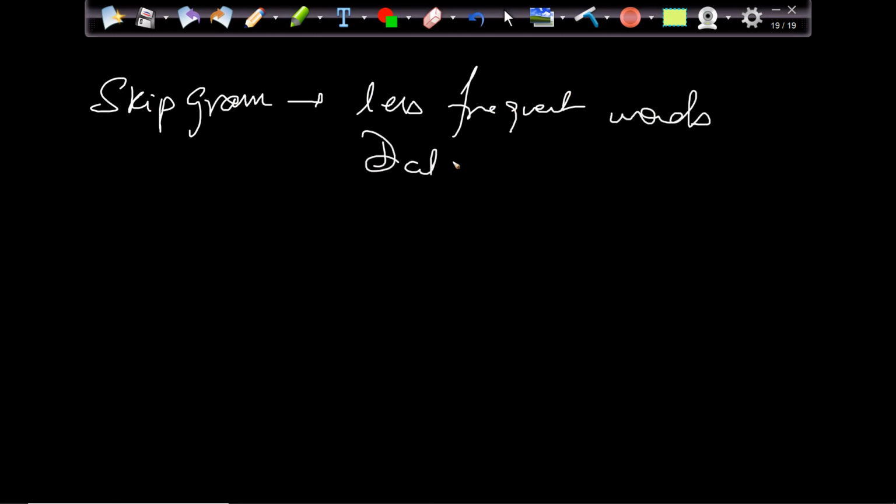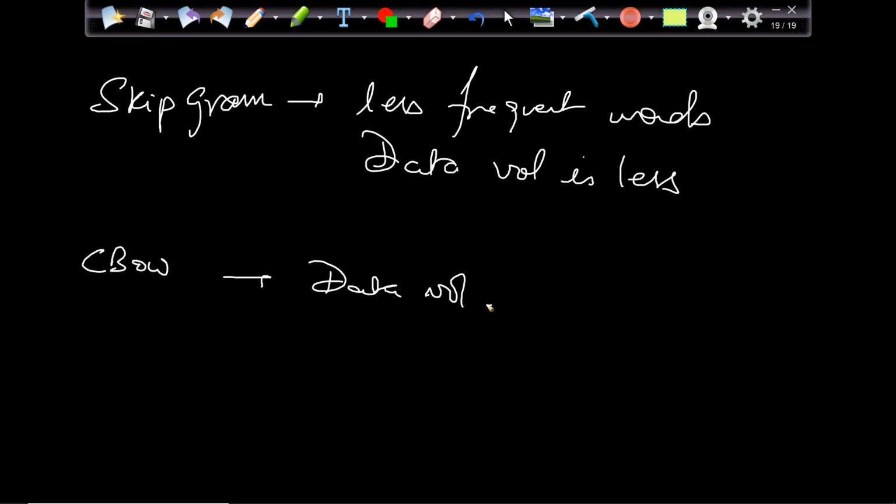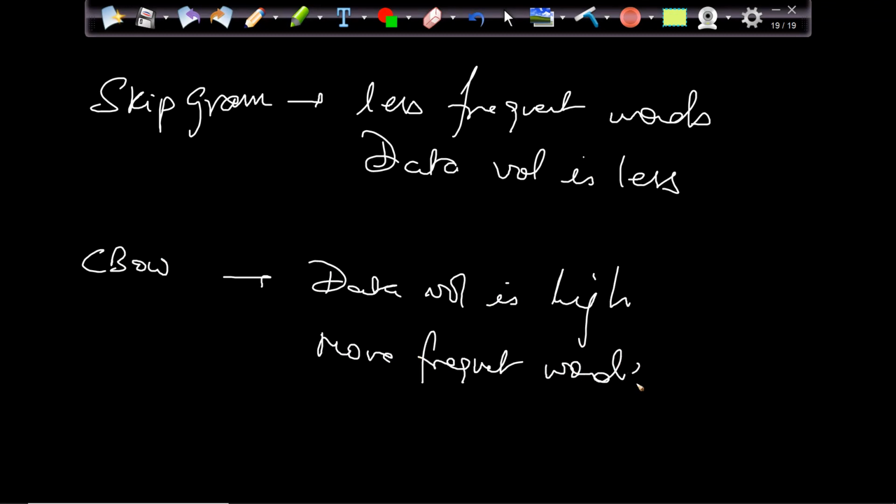However, CBOW works well when the data volume is high or the words are more frequent. Okay, so that is the whole idea of how this actually works.